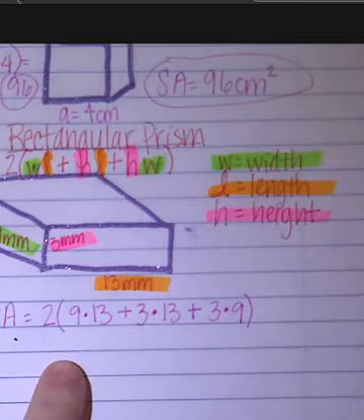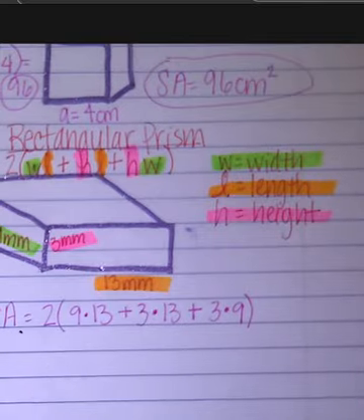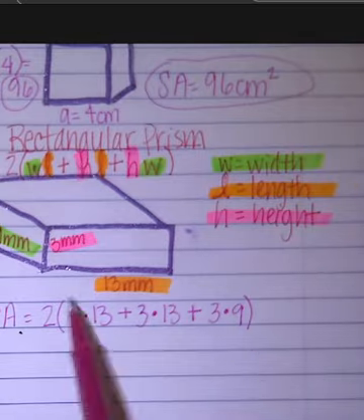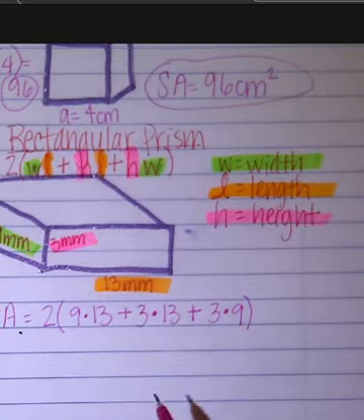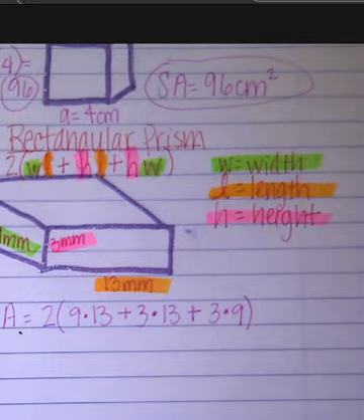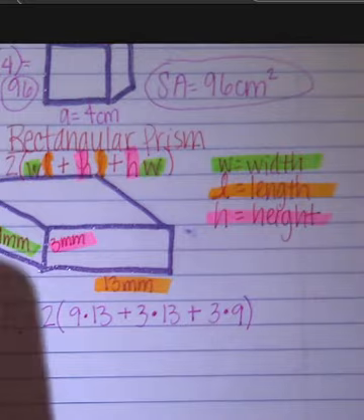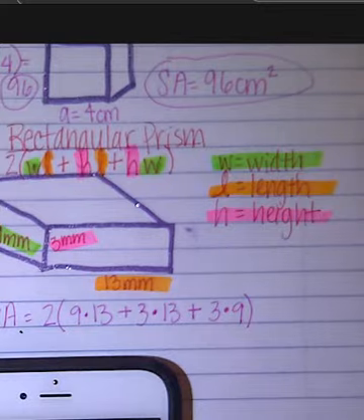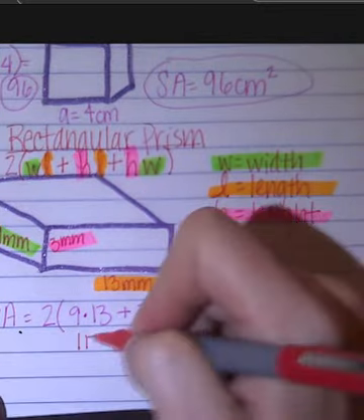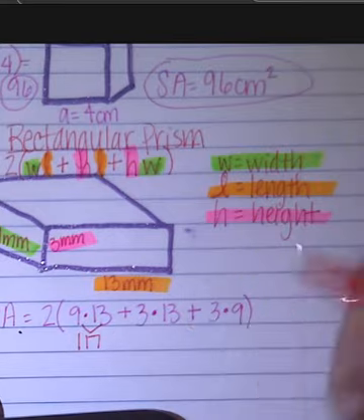So now I'm just going to PEMDAS this out. Okay? So I'm going to start with the parentheses, and inside there's no exponents, so we can skip the E. We're going to go straight to multiplication. Okay? Well, using my calculator, I can see 9 times 13 is 117. Okay, that's 117.